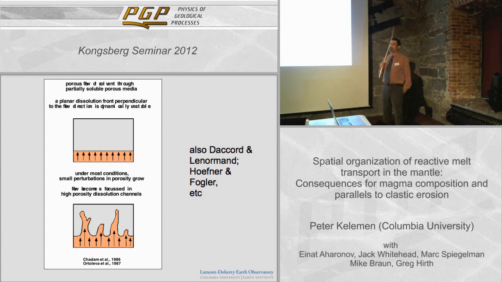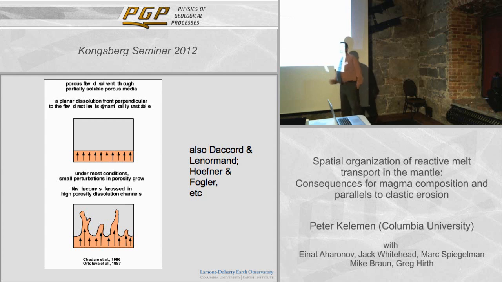Perturbation along that front provides access to more melt or fluid, which dissolves more stuff, which makes the porosity go up. You have a runaway, and these dissolution channels grow exponentially in time.